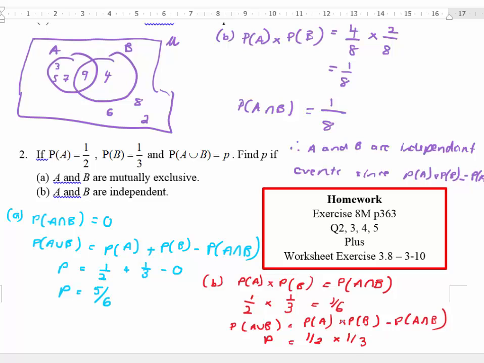Oops, I think this should be a plus. I'm not sure why I'm writing times. And I'm going to subtract that 1 out of 6 that I've just found from over here. And I get the answer that P now is 2 over 3.